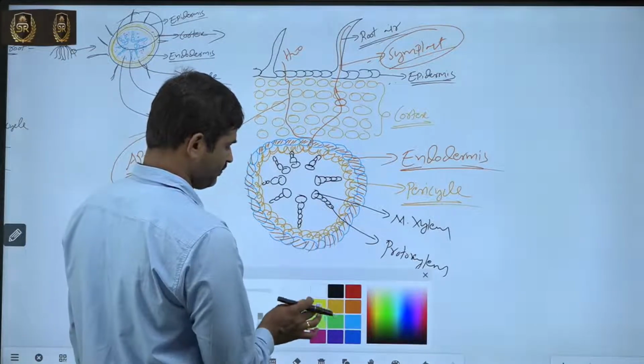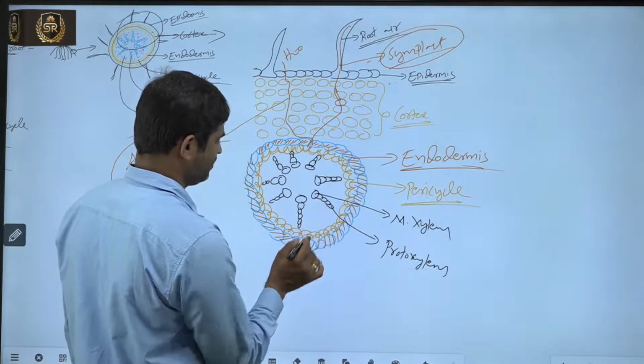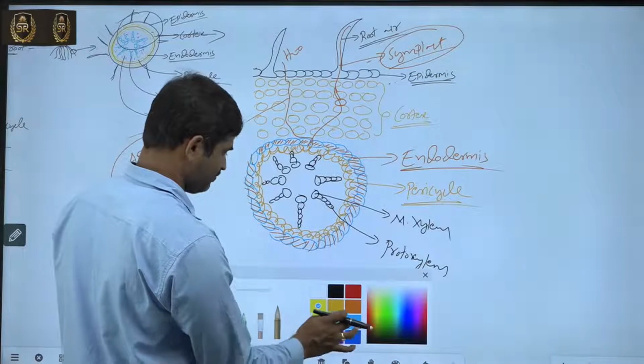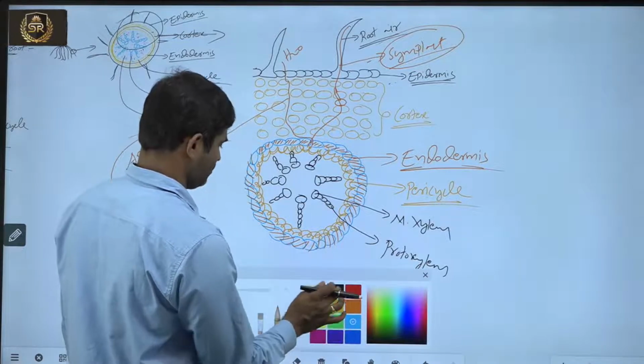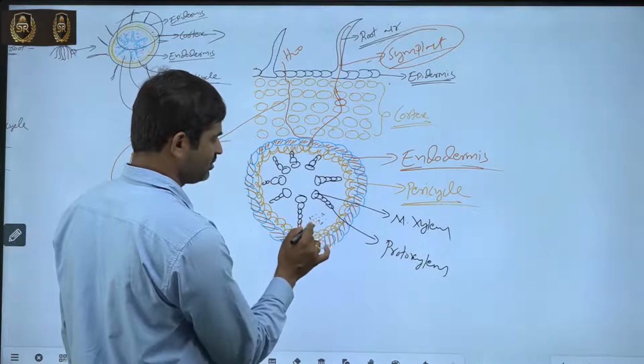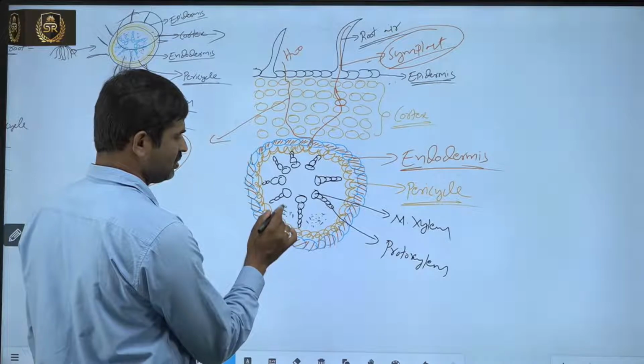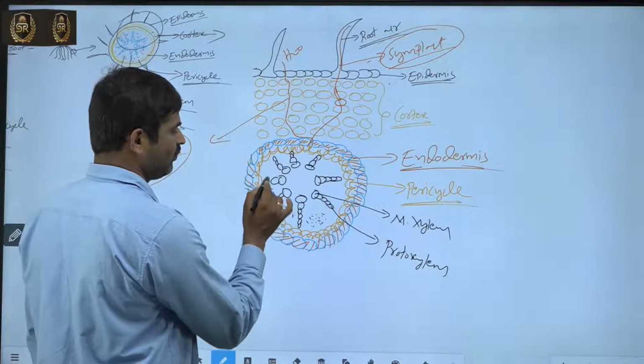Next, internally phloem tissues are present. This tissue is called phloem tissue.